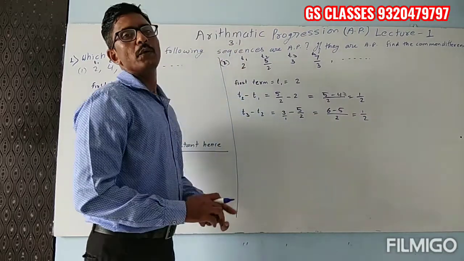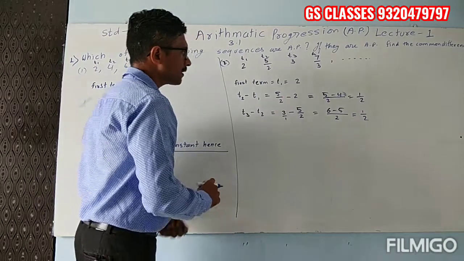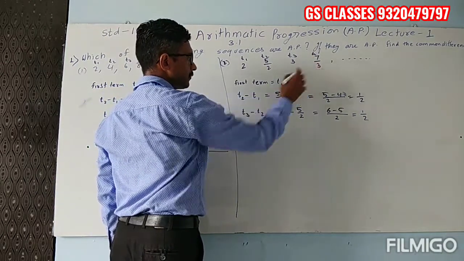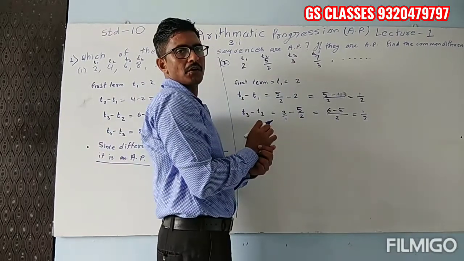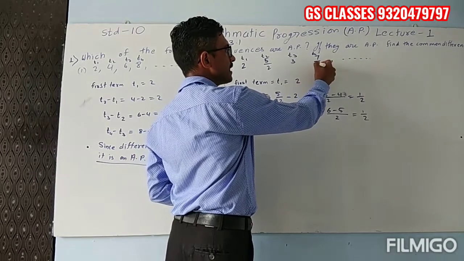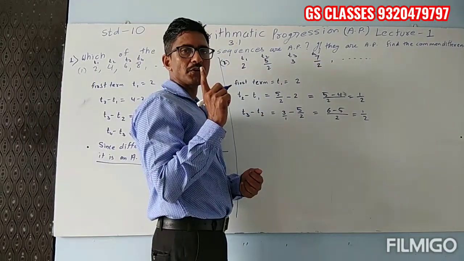But we will be doing 3 calculations to reach our conclusion. Again, the T4 term given as 7 by 3 is wrong. It is actually 7 by 2. So please make this correction in your textbook.